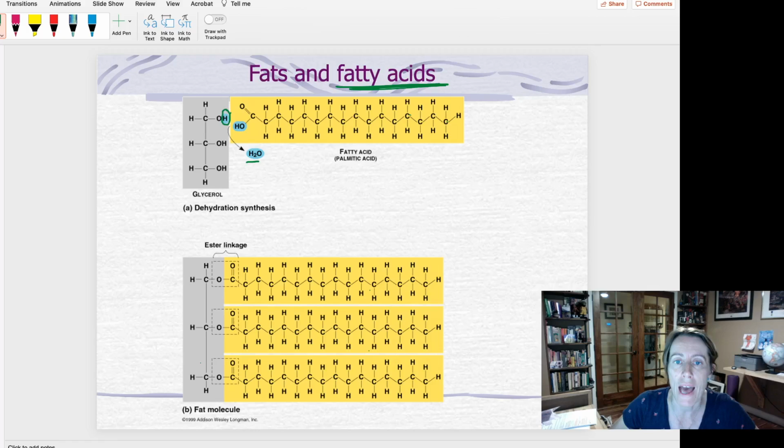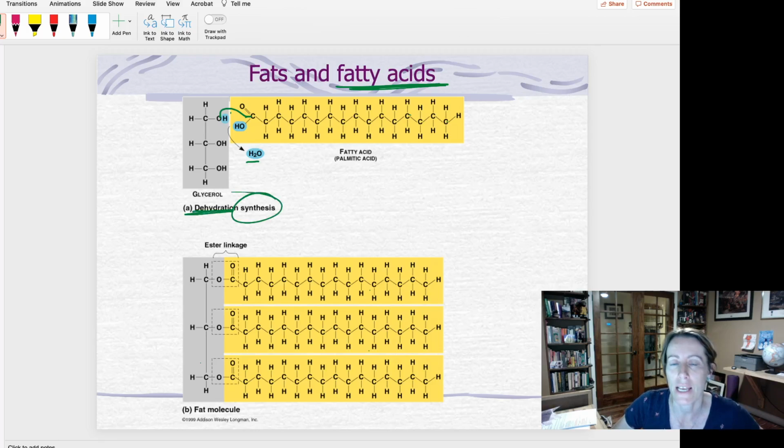And when we take these two H's and O's away and put them together to make water, then this O can hook directly to this C. So we have hooked 2 molecules together and extracted water. This should look very familiar to the reaction that we used when we built disaccharides and polysaccharides, right? This is condensation synthesis, building a molecule by pulling out water.